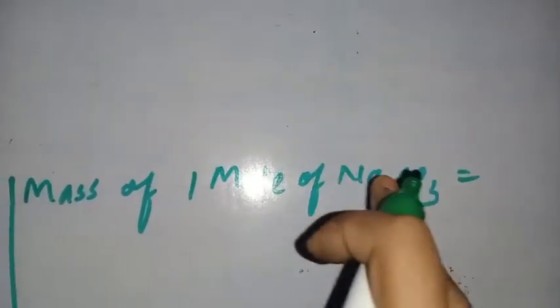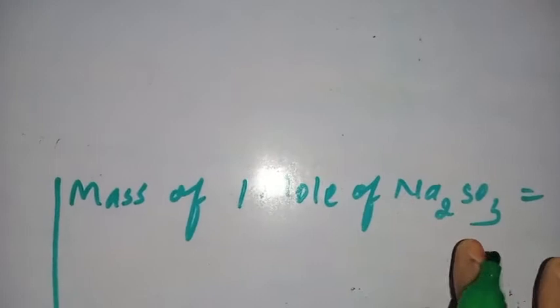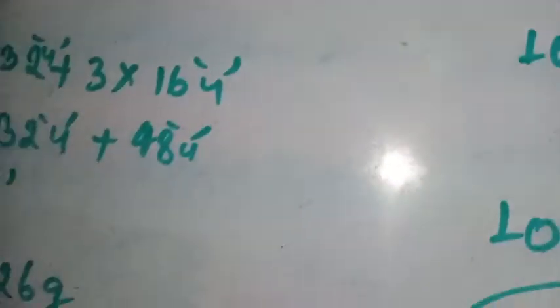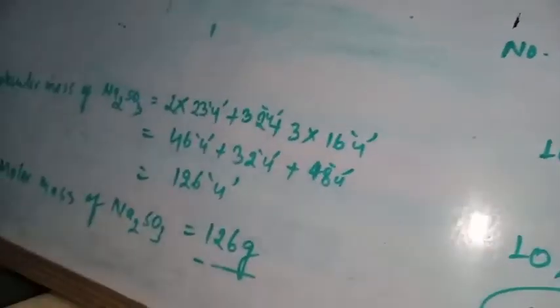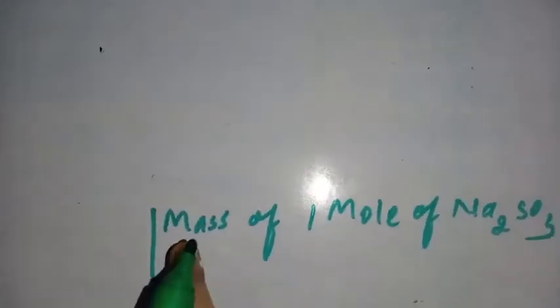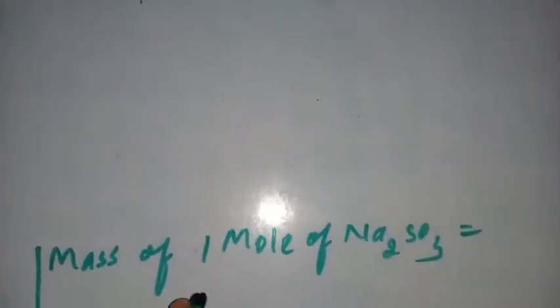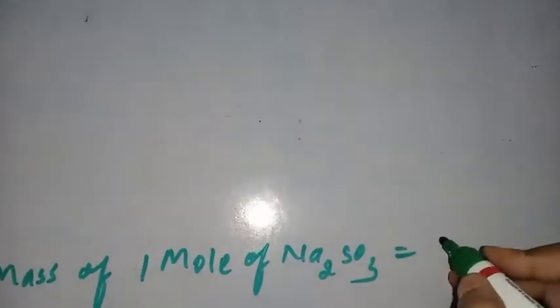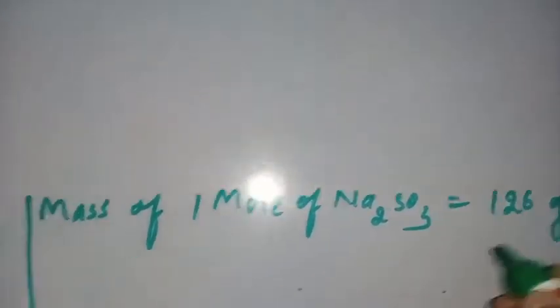Mass of 1 mole of sodium sulfite means the molar mass of sodium sulfite, that we have already calculated here, 126 gram. So just we will write one sentence. Mass of 1 mole of sodium sulfite is equal to 126 gram.